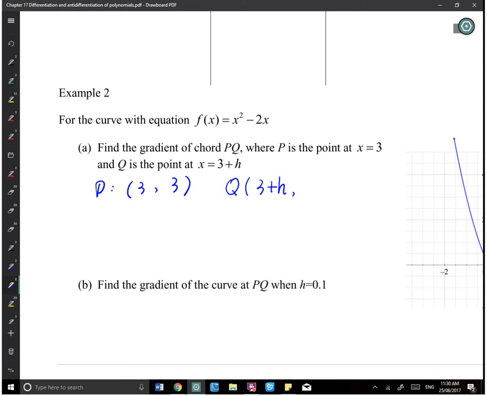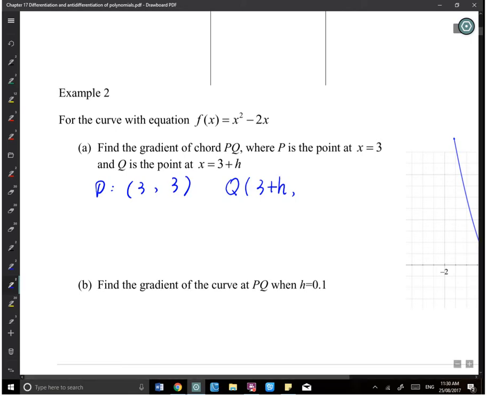Yeah, you substitute in, because you know the x value, you definitely know the y value. So sub in 3 plus h squared minus 2 times 3 plus h. That's 9 plus 6h plus h squared minus 6 minus 2h.